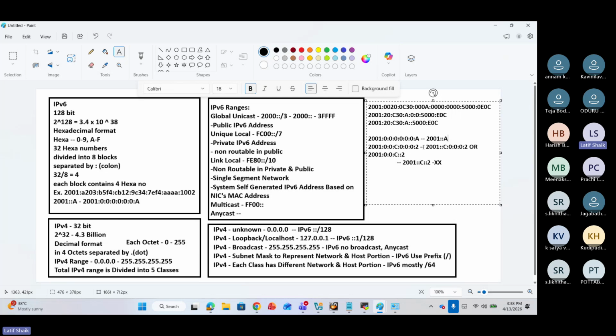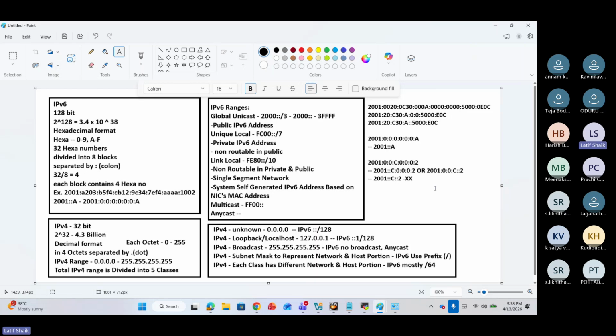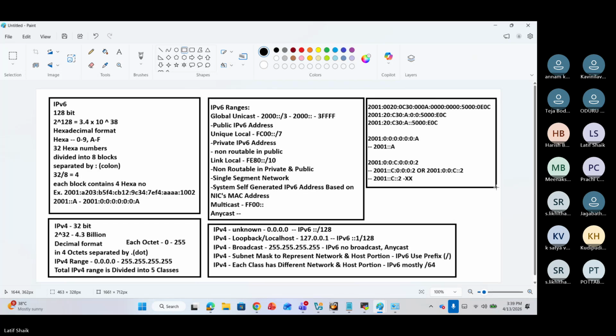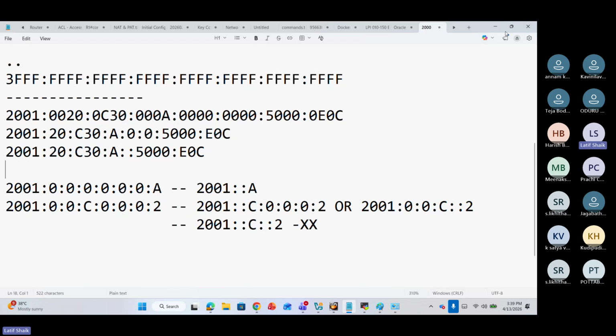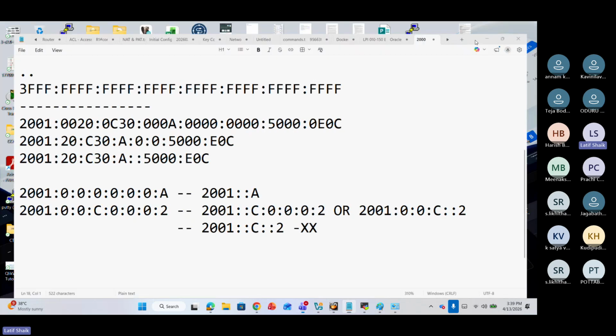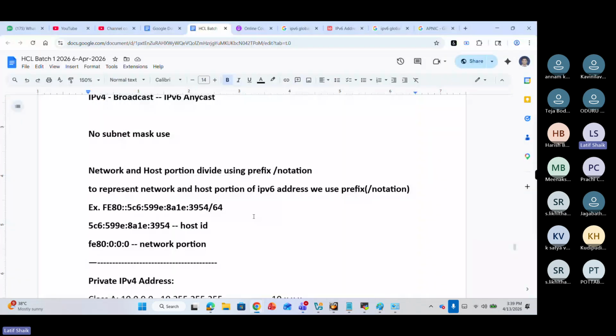This part is also added here, rewriting an IPv6 address. You can take different exercises online. You can find a lot of websites just for that kind of practice.